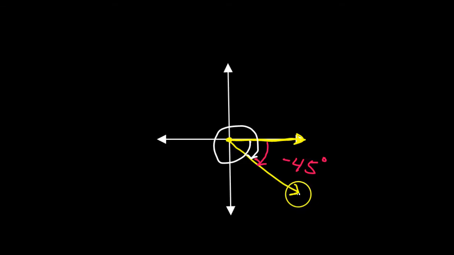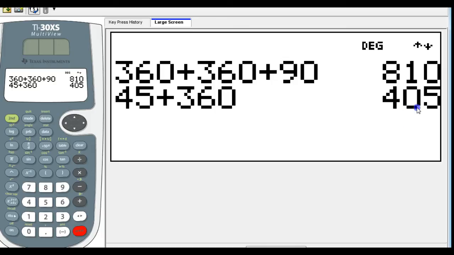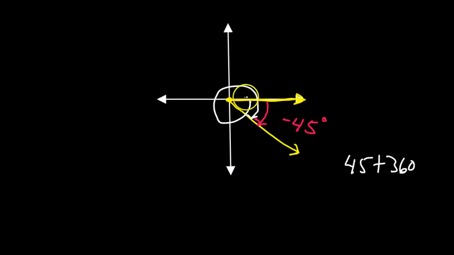It would land on the same ray. So I went 45 degrees and then a full rotation, so that would be 45 plus 360. That's 405 degrees, but be careful, this is a negative rotation, so it's negative 405 degrees. That would be a negative coterminal angle.